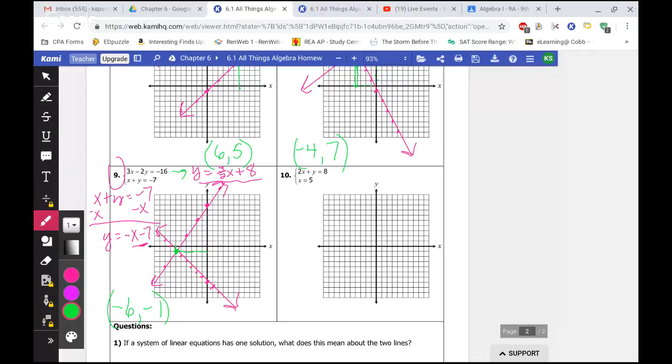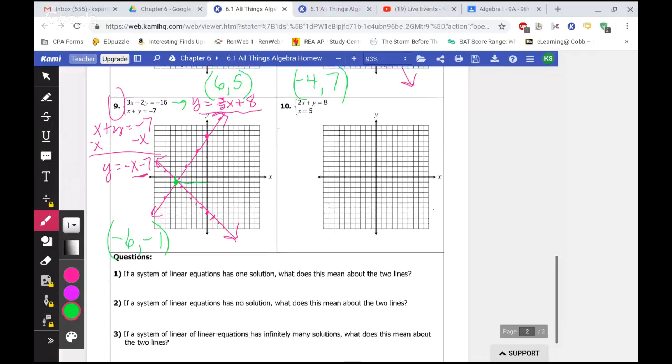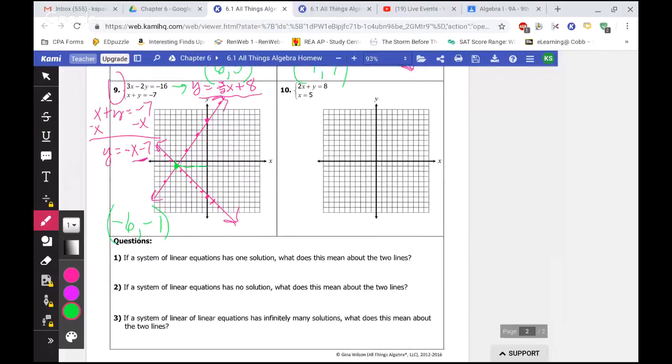Okay. So those are the ones that I know for sure that people requested. Let's talk about these questions. If a linear equation has one solution, what does that mean about the two lines?